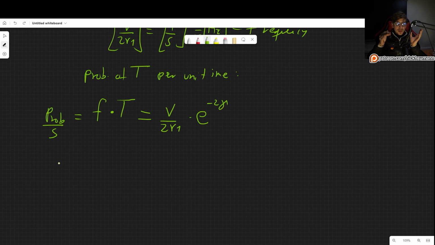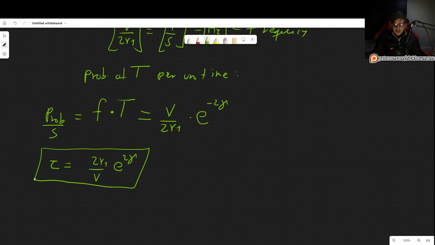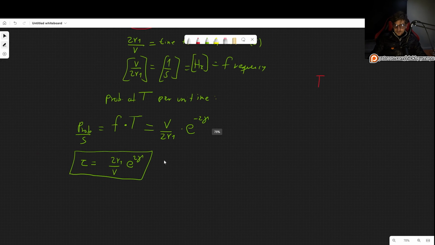So the time it will take for this decay to occur is going to be 1 over the frequency, right? So that is what we call the period. Now, we usually use this tau here. So the lifetime will be 2r1 over the velocity of the particle times e to the 2 gamma. So this is how we describe the lifetime of this particle.